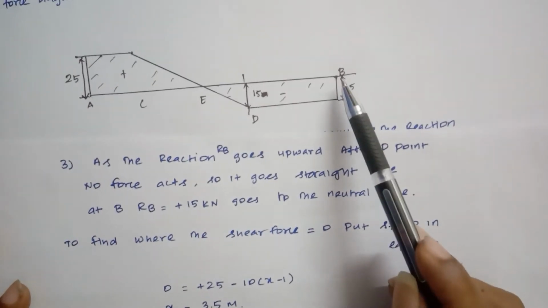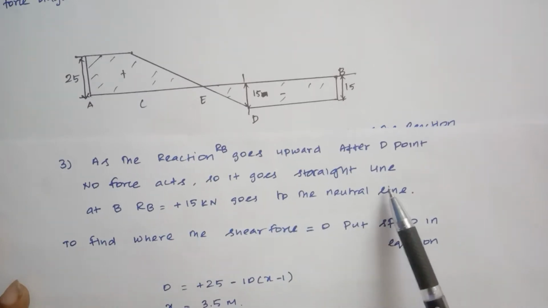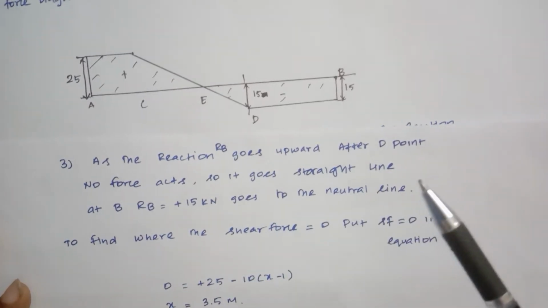So minus 15 kilonewton plus Rb, 15 kilonewton, goes to the neutral line. In this, how to check whether you have drawn a correct shear force diagram or not?